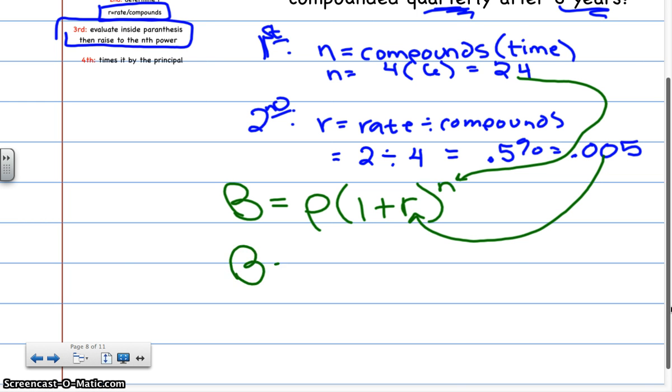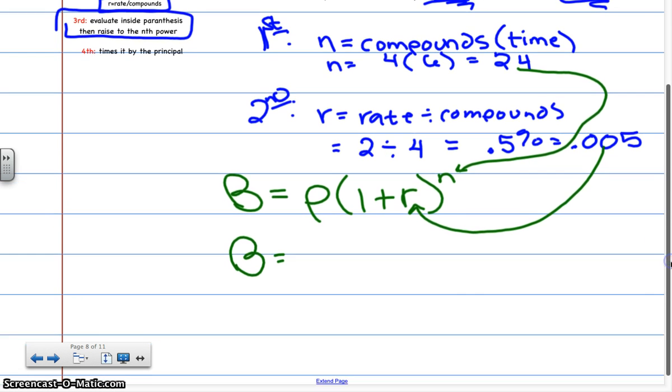So my balance is equal to, how much did I start with? Anybody remember? 1,500. My balance is equal to 1,500 times 1 plus my r, 0.005, to the nth, which is 24.